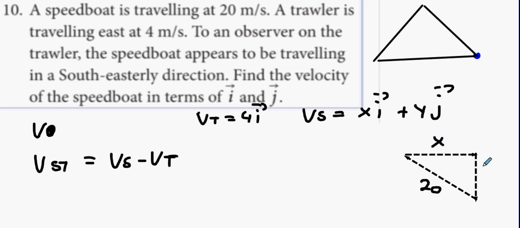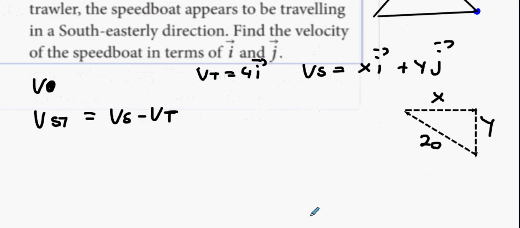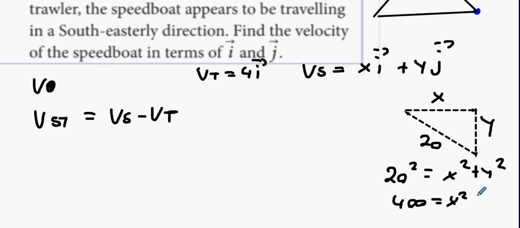I don't know if X and Y are positive or negative. But what I can definitely say is that Pythagoras' theorem works, and 20 squared is going to equal x squared plus y squared, and 400 equals x squared plus y squared. Is that okay with that?